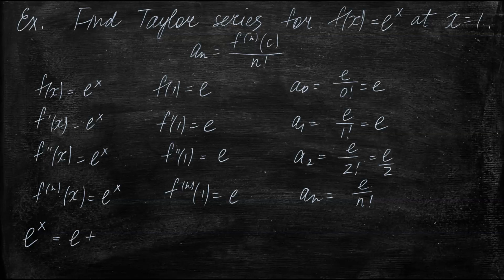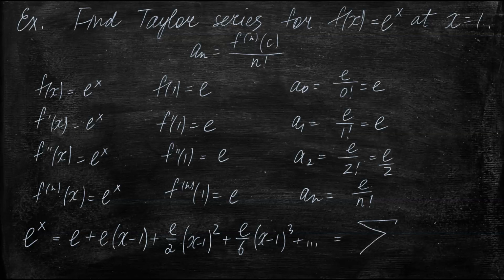It's going to be e plus e times x minus 1 plus half of e times x minus 1 squared plus e over 6 times x minus 1 cubed, and so on. And in general, this can be written as the sum of e over n factorial times x minus 1 to the power n, n goes from 0 to infinity. And that's what we call the Taylor series for the natural exponential function centered at 1.